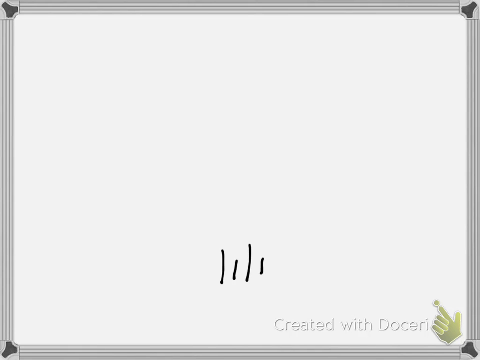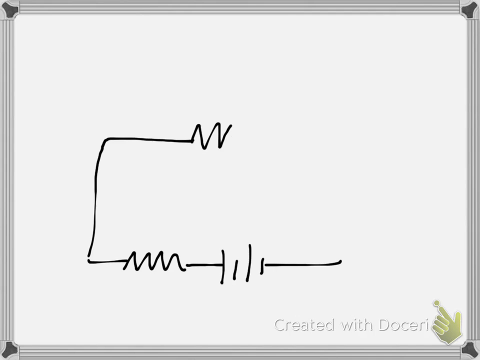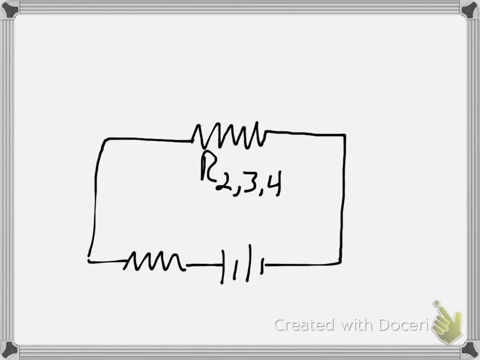And once you have added your parallel branch in series with the other guy, then you have this guy, which is R2, 3, 4.